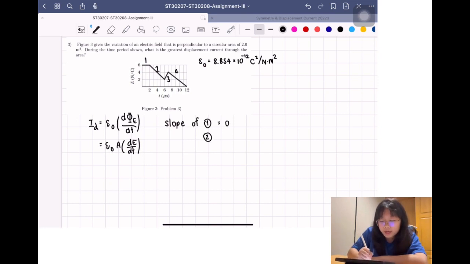For the second part, the slope is equal to delta y divided by delta x, which is 2 minus 6 divided by 6 minus 2, which is minus 1 in the unit of Newton per Coulomb microsecond.